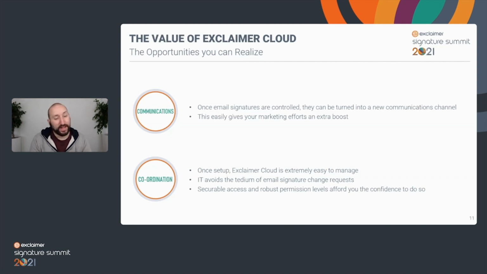And once set up, Exclaimer Cloud is extremely easy to manage. IT avoids the tedium of signature change requests, all of these requests for updates to signatures. You can actually just give securable access to other people within the business with robust permission levels that make sure they're only able to do the things you want them to.